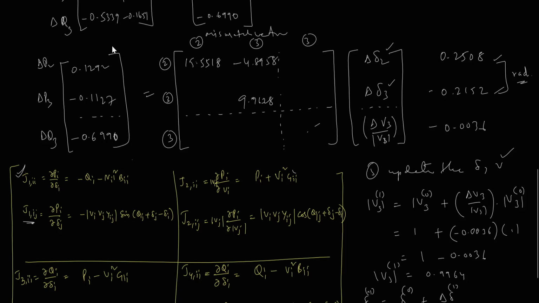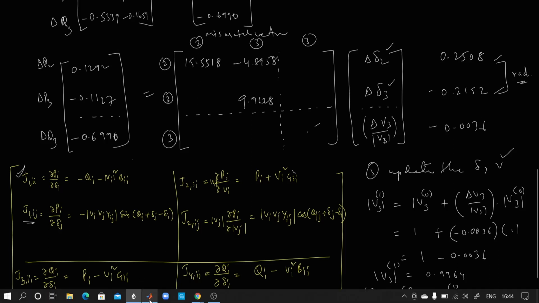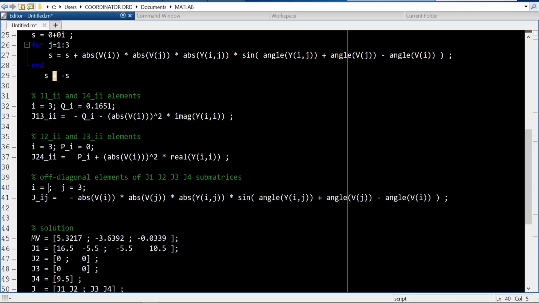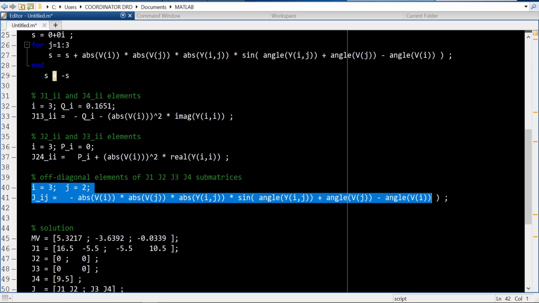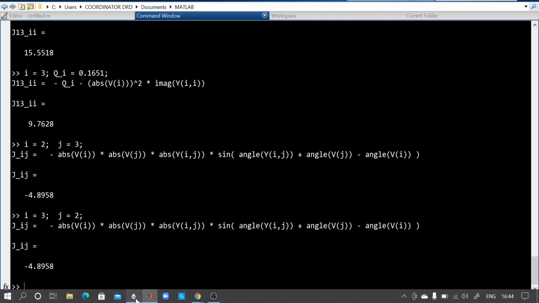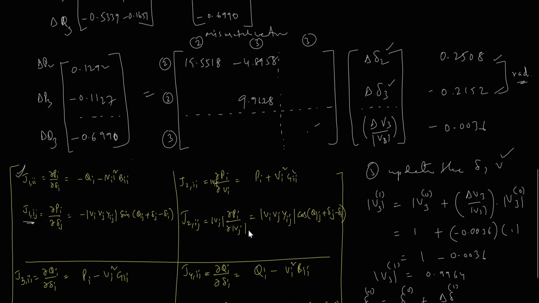Similarly 3 2, j equals 3 and i equals 2 entry. This is also the same value, it should be, because it is a symmetric matrix, minus 4.8958.